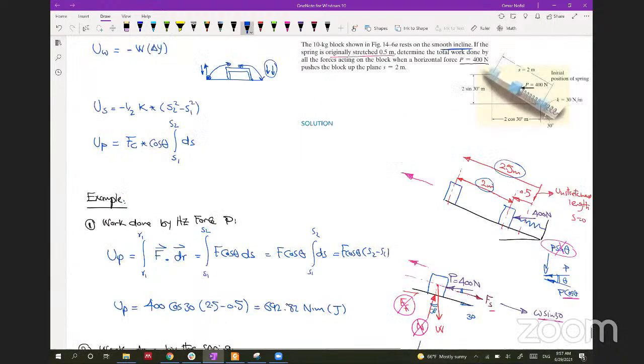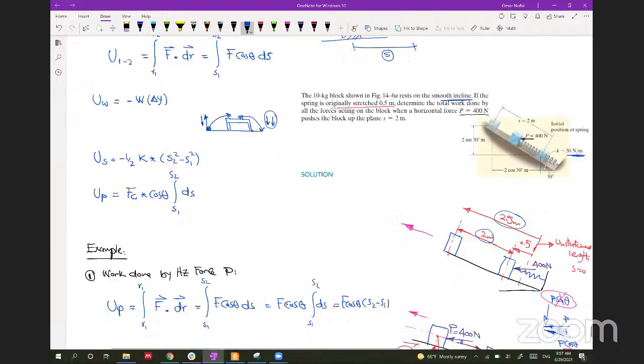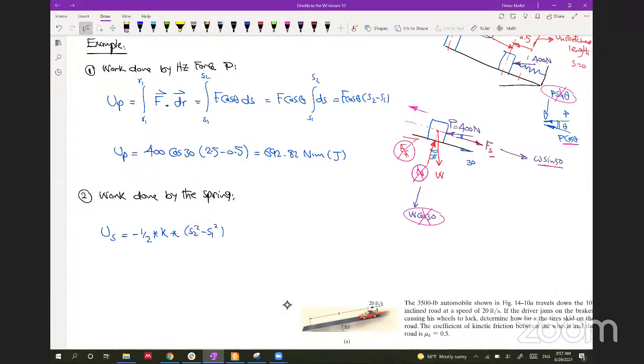We know K from this problem, it's given as 30 newtons per meter. So this will give us negative half multiplied by 30 multiplied by (2.5 squared minus 0.5 squared). This will give us negative 90 newton meter.